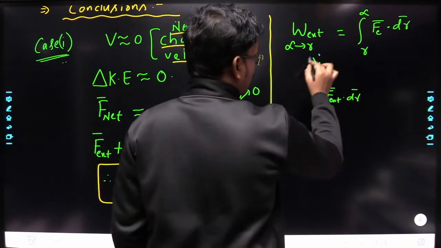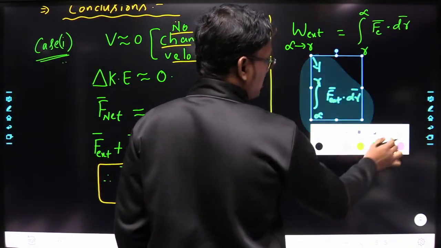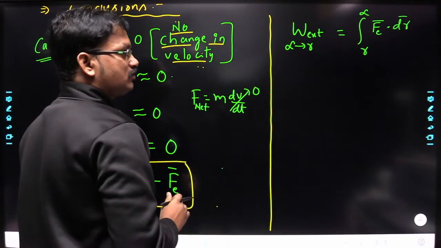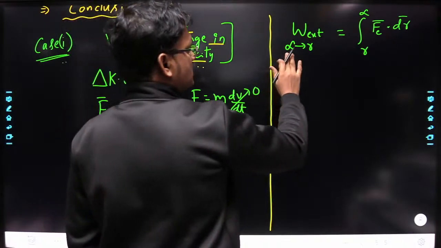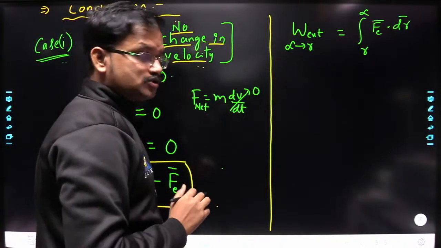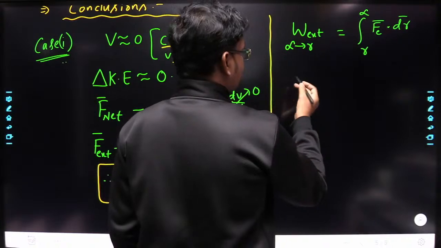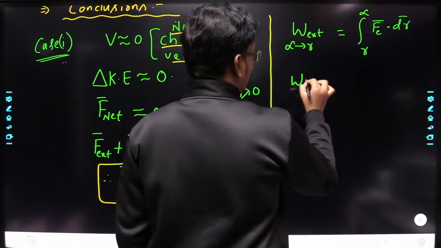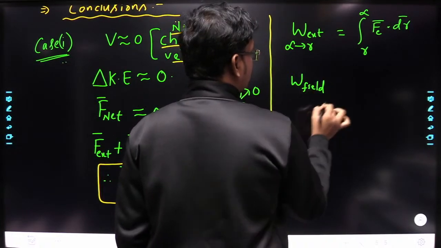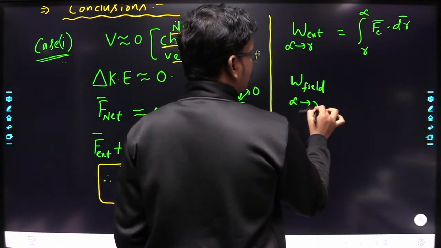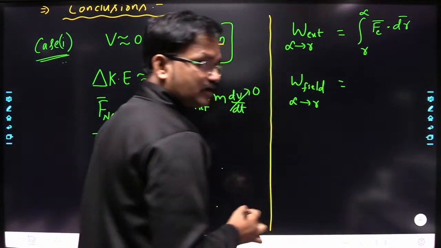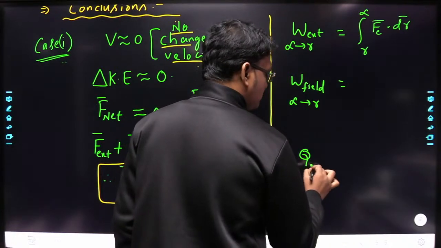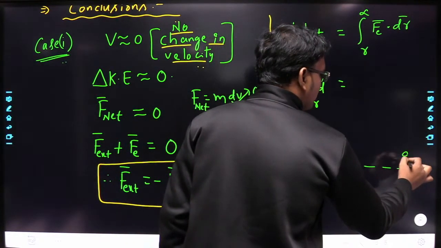So, I hope you have understood all these things. This is the work done by the external force in order to move the charge from infinity to r. Now, if you want to determine the work done by the field force in moving the charge from infinity to r, let us assume you have some capital Q, and far away you have small q.